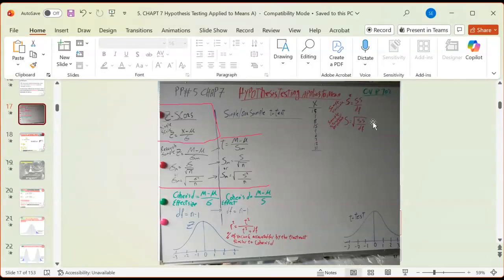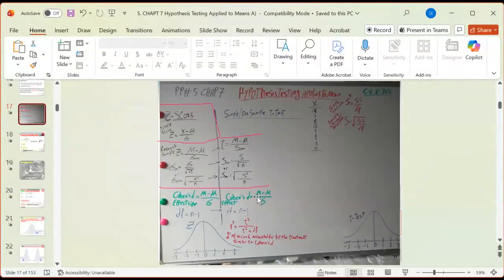I give you the SS, and then I ask you to calculate the variance. So SS goes on top, and DF is just n minus 1. Take away 1 from your sample and that gives you DF. And S is just the square root of that. So if your variance is 9, your S, standard deviation, the square root of 9, is 3.